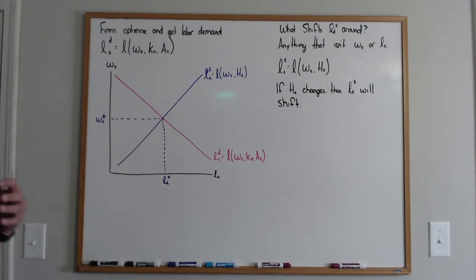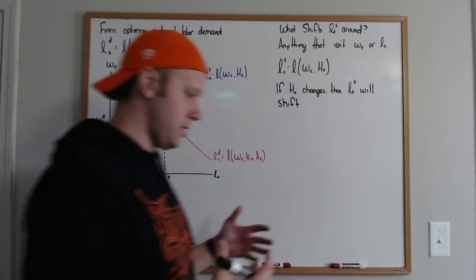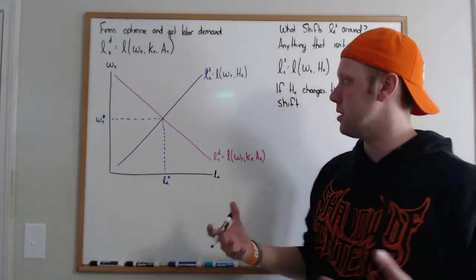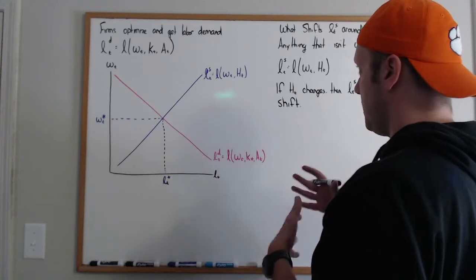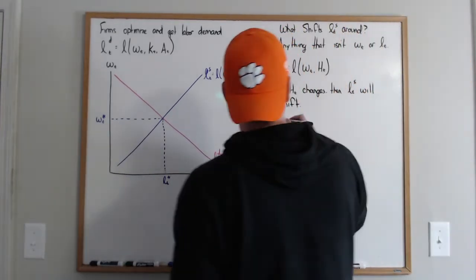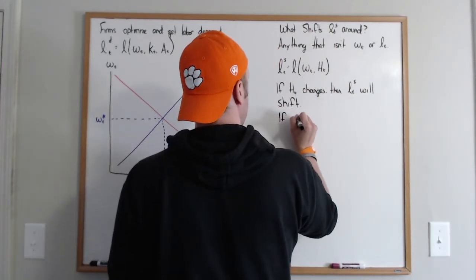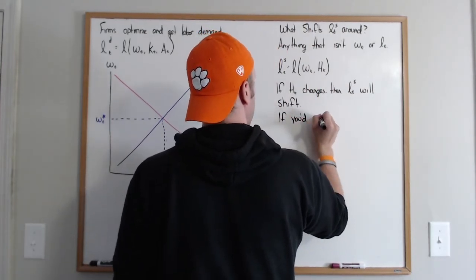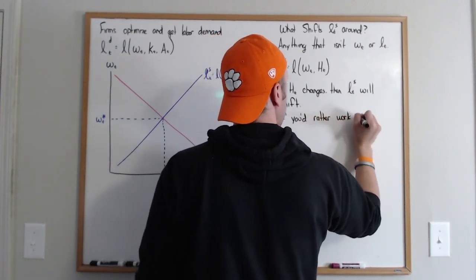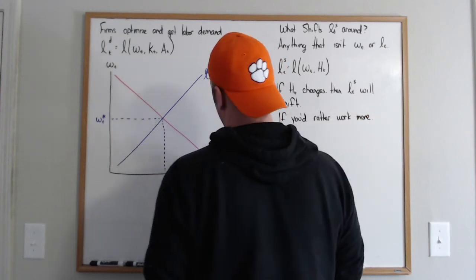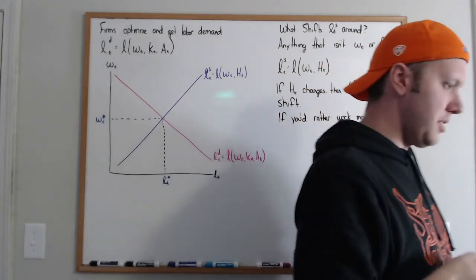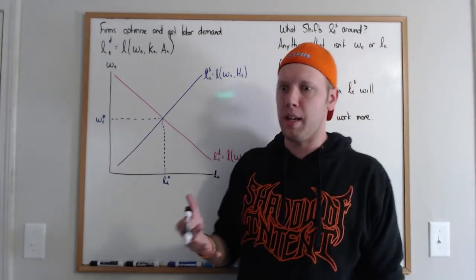So what would cause H to change? What causes H to change, and then what causes that to move the labor supply curve in one way or the other? Well, let's think about preferences. Let's say you'd rather work more. Let's say you just wake up one day and you're like, I've been really lazy these days, and I'm kind of tired of being super lazy like that.